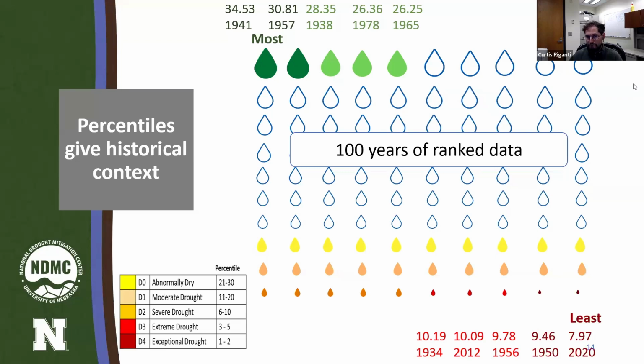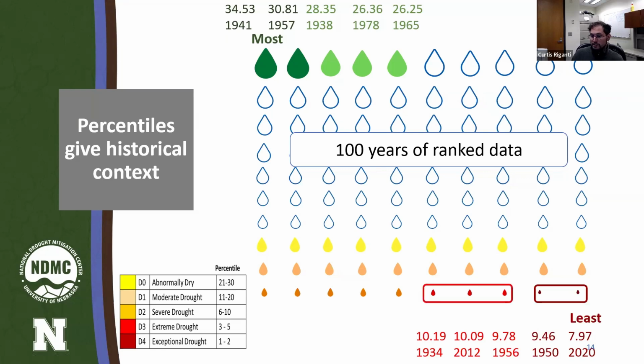We're looking at a ton of different indices and indicators. But if we wanted one specific thing to assign a drought monitor category, the 1950 and 2020 years would get the D4 level, because these were the two lowest precipitation years out of 100 years of data.